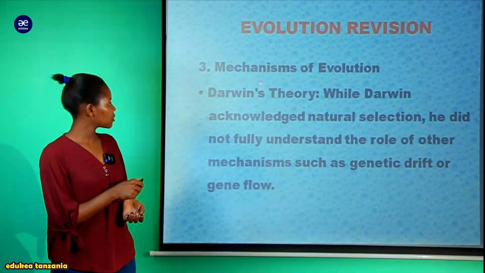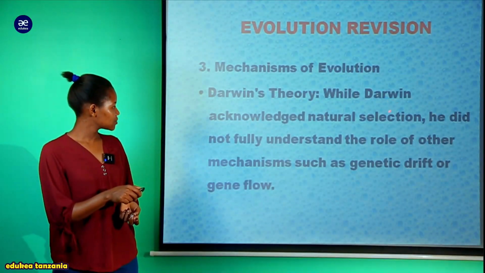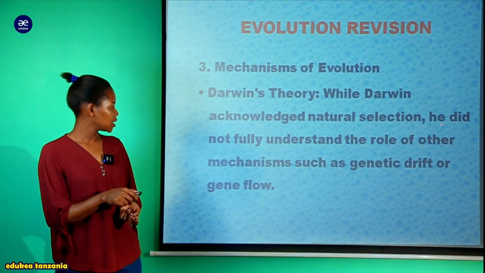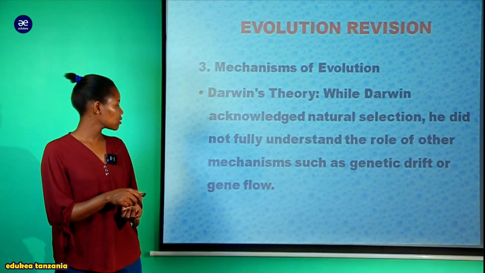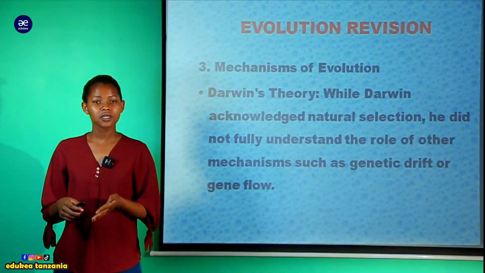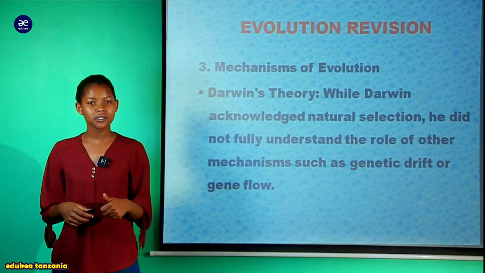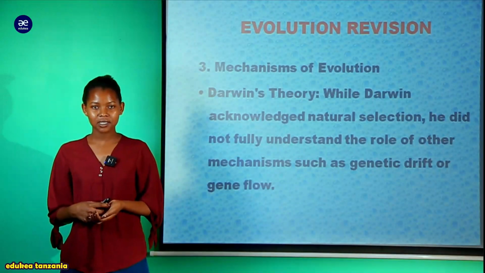The third one is all about mechanisms of evolution. In Darwin's theory, while Darwin acknowledged natural selection, he did not fully understand the role of other mechanisms such as genetic drift, gene flow, as well as mutation. He only discussed the role of natural selection and ignored other factors.